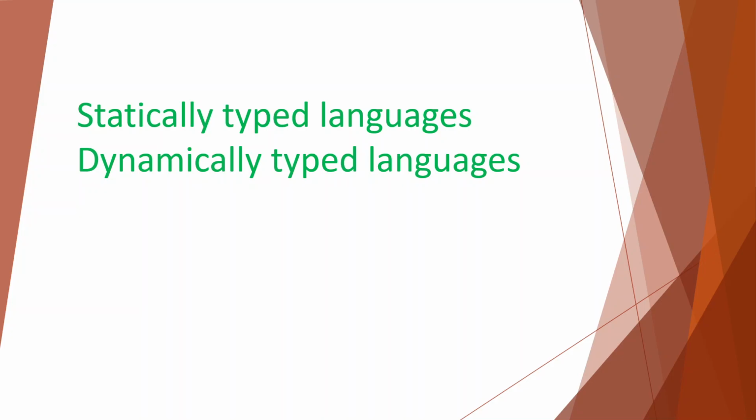Which means for the same variable you are assigning different data, and its type is identified based on the data you assign to or store in that variable. It is basically called a dynamically typed language. Okay, that is the difference between statically typed and dynamically typed languages.